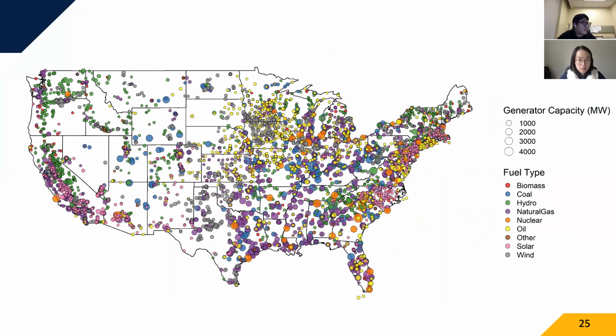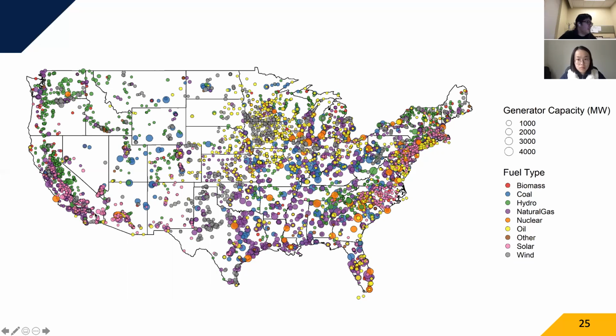Again, the capacity refers to the peak power that a power plant could produce in a given amount of time. So essentially the larger the dot is, the more power they can produce. And the color refers to the fuel type of the power plant.